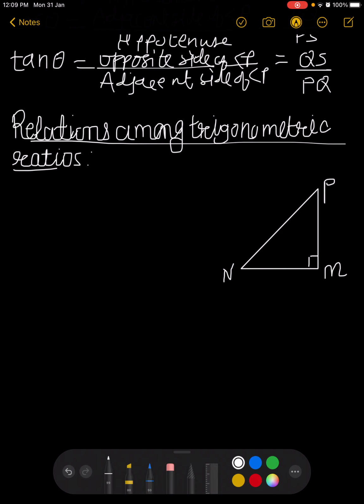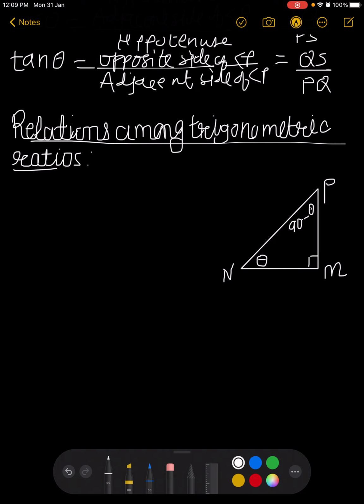If you remember, it was told in the last video, in a right angle triangle, one angle has exact measure of 90 degrees, but the other two are complementary. If an angle has measure theta, then angle P will be 90 minus theta. Now all the angles, their measures, we have shown in the diagram.